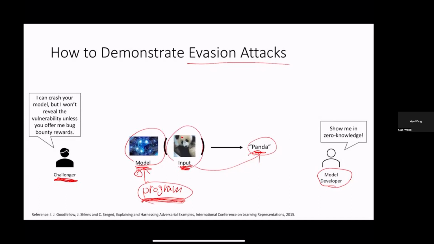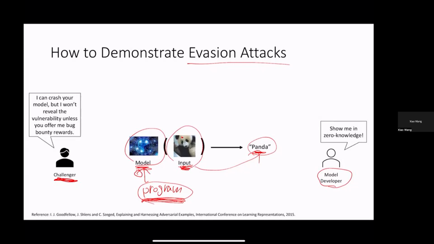The challenger just needs to demonstrate ownership of the knowledge without revealing the knowledge. That's what zero knowledge proof of knowledge allows these two parties to do, and that's why zero knowledge proofs in machine learning could have many different kinds of applications.